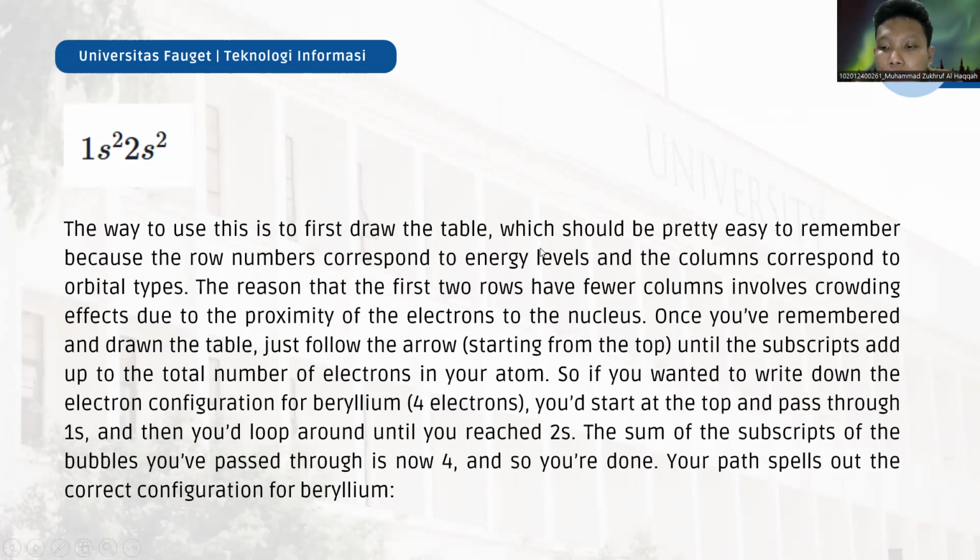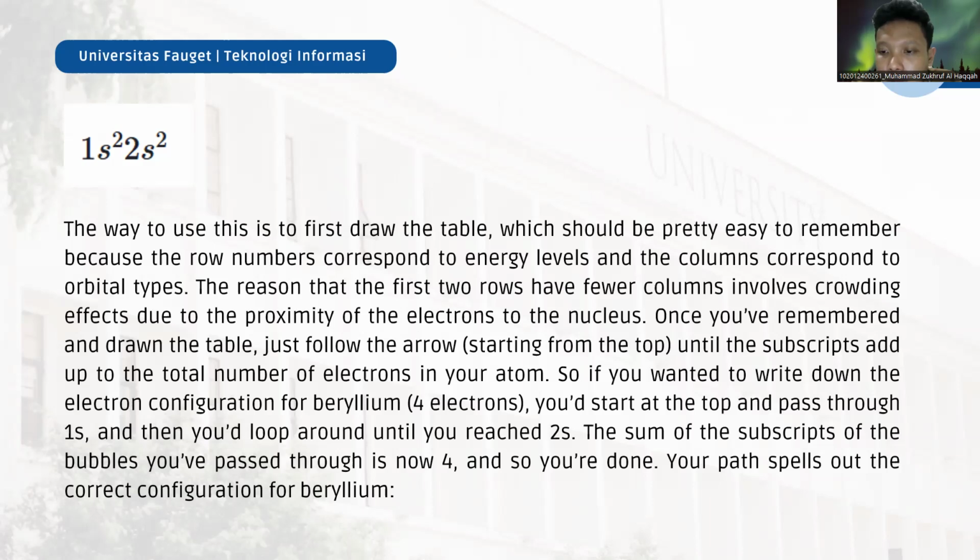So if you wanted to write down the electron configuration for beryllium, 4 electrons, you'd start at the top and pass through 1s, and then you loop around until you reach 2s.